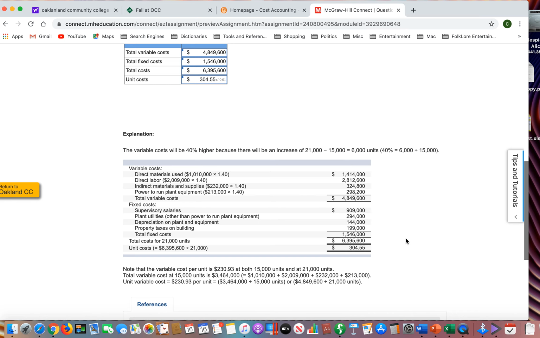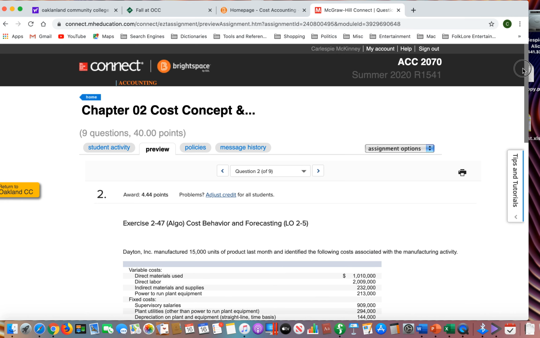I don't care what you're talking about. If you're talking about the percentage of change, the formula EV minus BV divided by BV will always give you the percent of change. It could be negative or positive, whether you're talking about an increase or a decrease from the original.